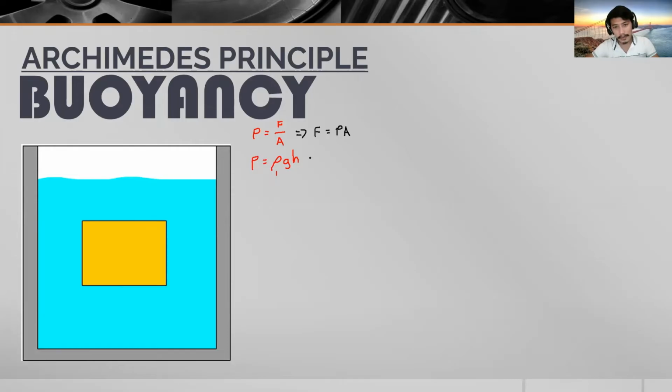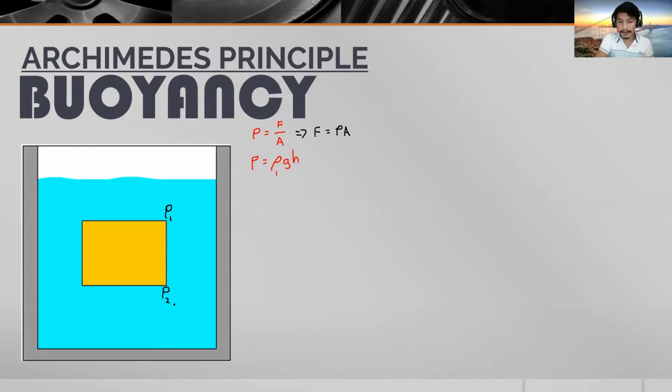So alam natin na since pressure increases with depth, at this point, meron tayong hydrostatic pressure dito. Tama? Tatawagin natin pressure 1. Ayan. Meron din tayong hydrostatic pressure at the bottom of our object. So tatawagin natin pressure 2. Okay? Pressure 1 and pressure 2.